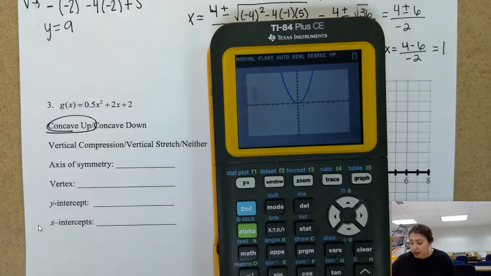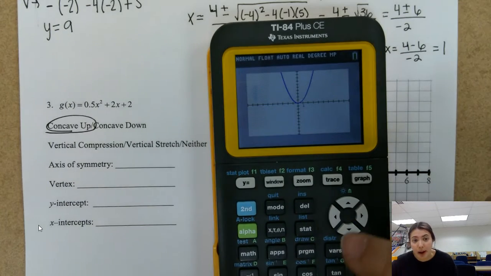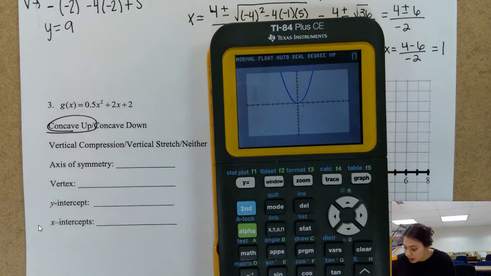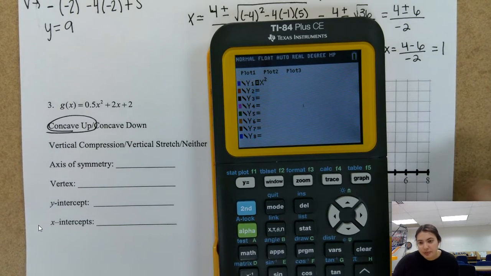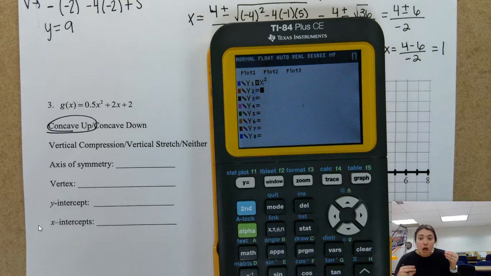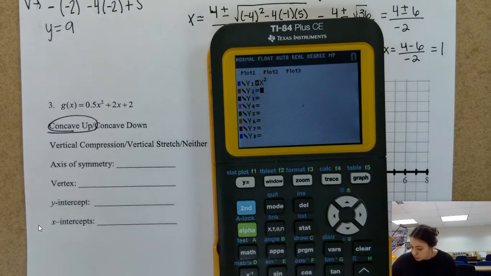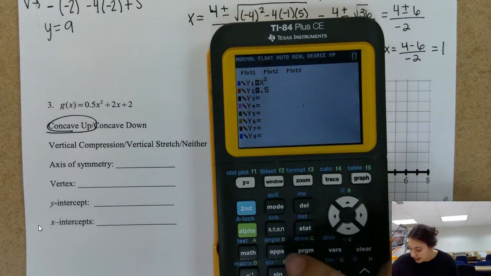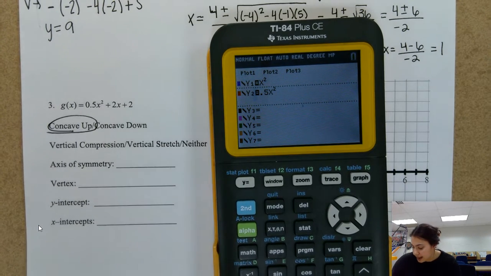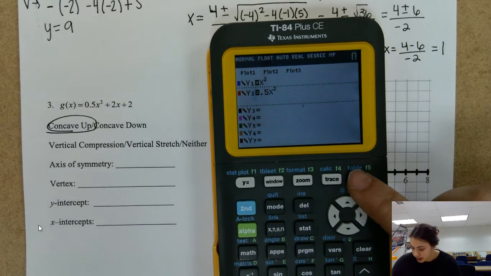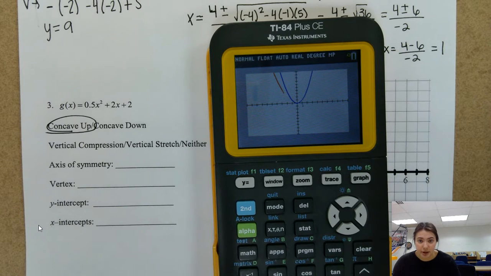Now, if we take a look at the parabola that we're given, we can plot that in y2. And really, in terms of compression or stretch, we just care about the a value. So we could just graph 0.5x squared. We don't even really have to graph the entire function. And let's go ahead and hit graph. That will be our new line that appears with it. And if you look, it looks a little bit wider.